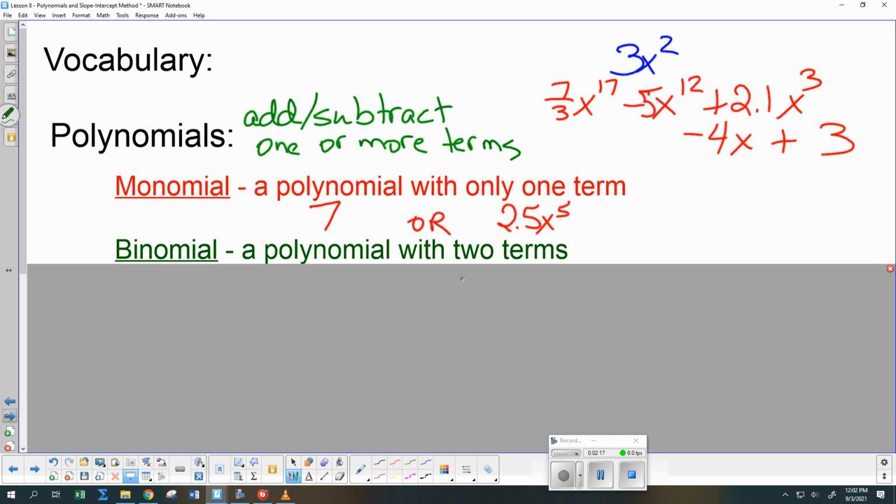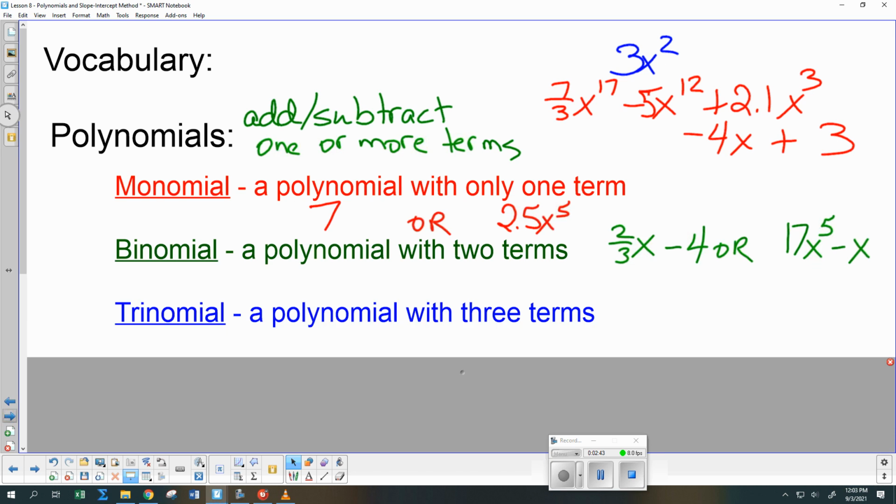We will mostly be working today with linear ones, which look like 2/3 x minus 4. But it could be 17x to the 5th minus x. That also has 2 terms. Tricycle has how many wheels?